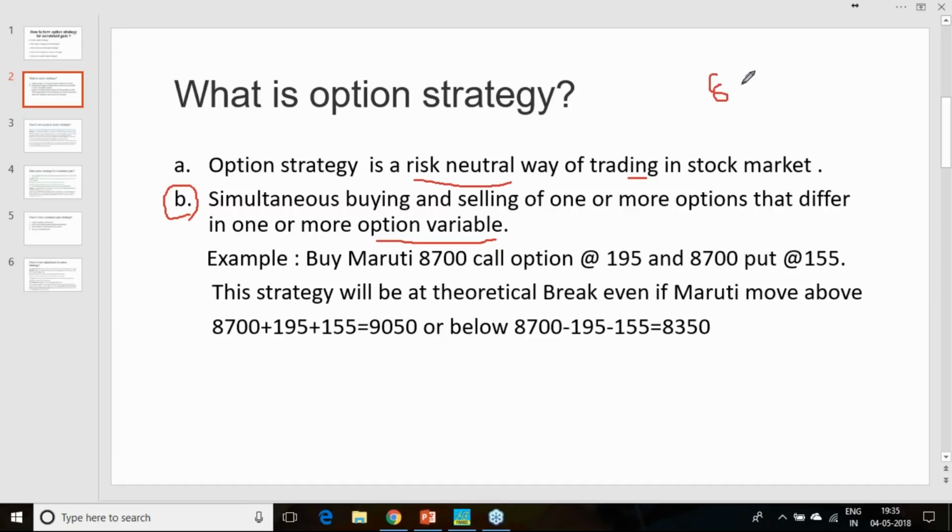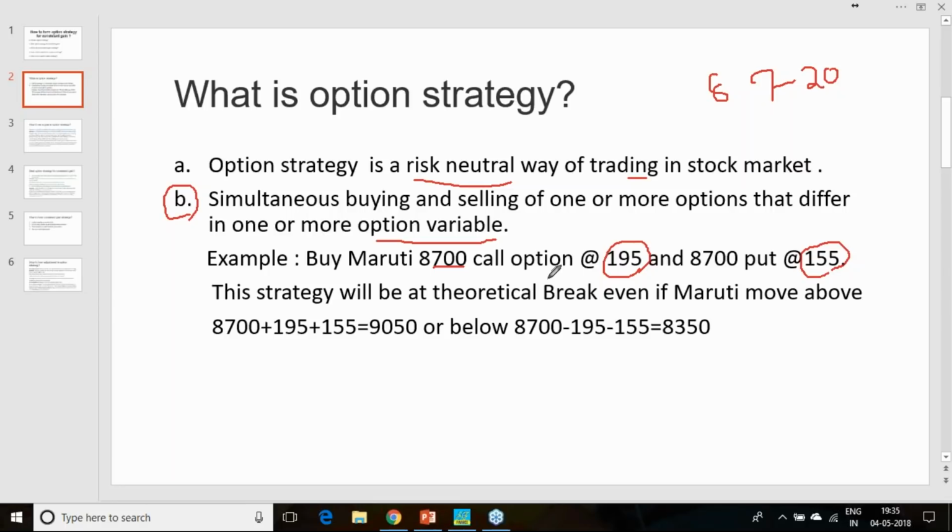Say Maruti is at 8,720 or 30, whatever it may be. If I buy a call option at 195 and buy a put option at 155, this forms a strategy. The name of the strategy, you will know: long straddle, short straddle, long strangle, short strangle. So many names are there.